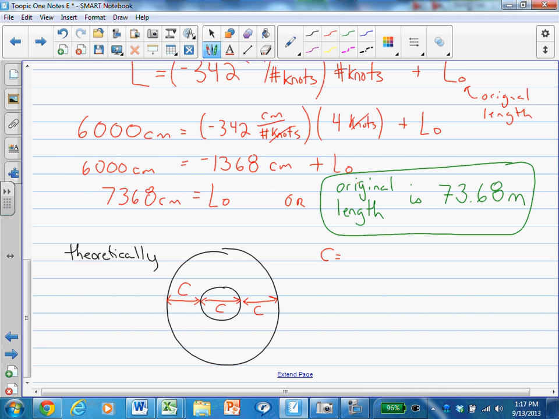so we're trying to figure out how much length is lost in each knot that's tied. Looking at the knot in this cross section, we can see that it's like 3 circumferences next to each other. And a circumference is pi times the diameter, but the diameter is the thickness of the rope in this case.